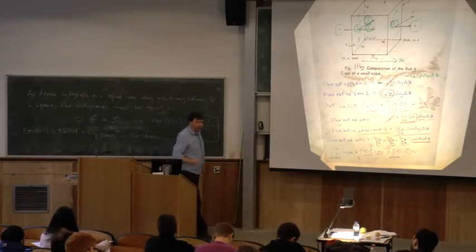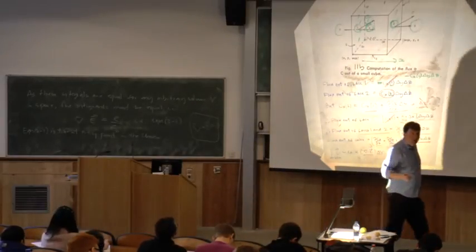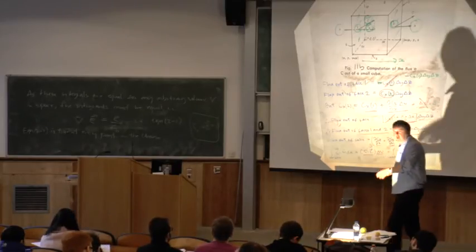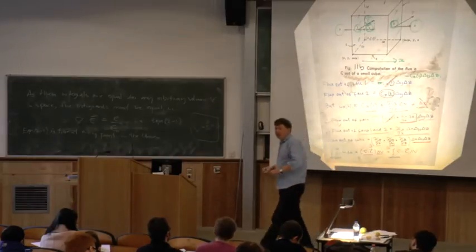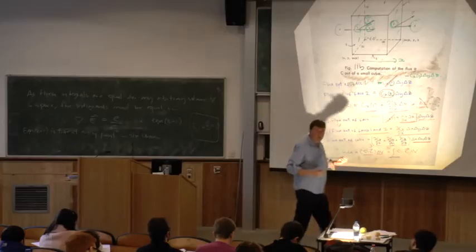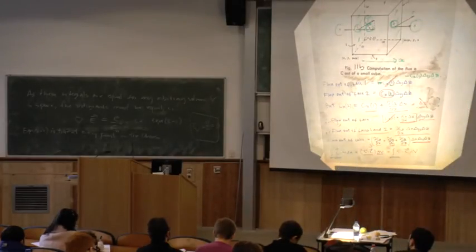Now, this is quite a useful thing for a physicist to have, an equation that's always true at every point in the universe. You could be inside a neutron star, you could be inside a nucleus, you could be inside a piece of chalk, anywhere. Always, at every point in the universe, the divergence of the electric field is equal to the charge density over epsilon naught at that point.